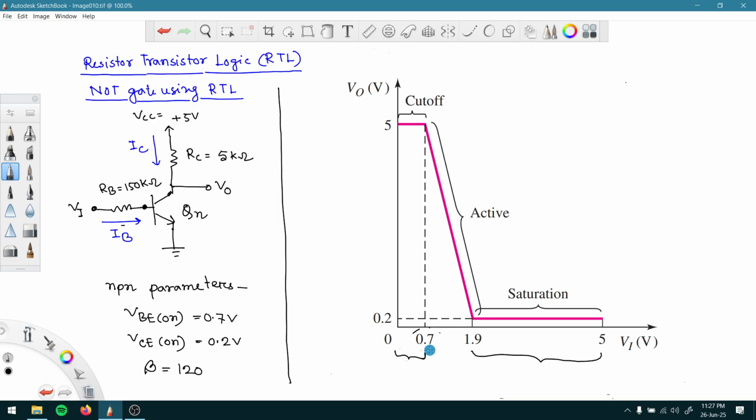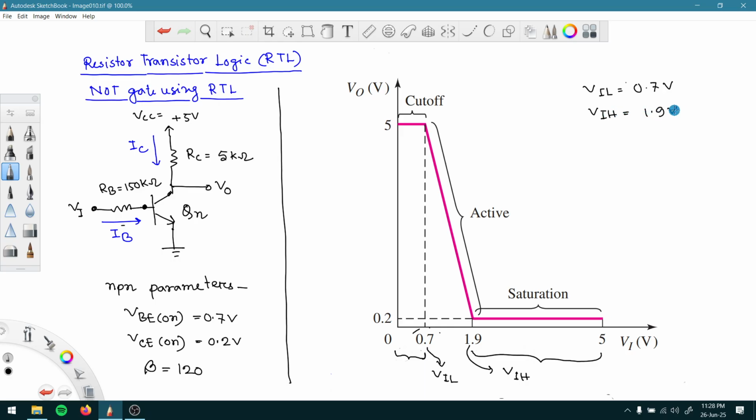So 0.7 can be called VIL here, and similarly this is the allowed region for logic high input. So the minimum value of that should be VIH, right? So we have learned that VIL is equal to 0.7 volt, and VIH is equal to 1.9 volt, right?